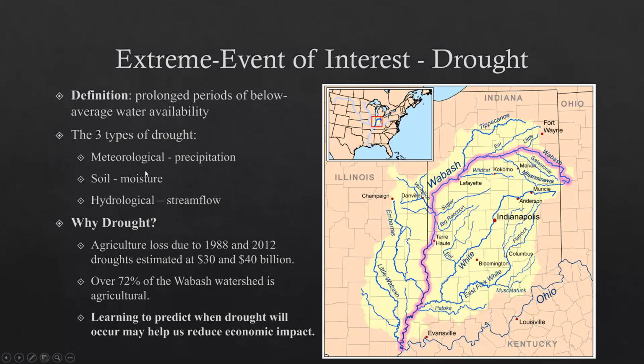I'm looking to model two types of drought: soil drought, which would be below average availability of soil moisture, and also stream flow. As I covered before, if we can model the event of drought or flooding, one of those extreme events, it might help us to better prepare for such a scenario and lessen the economic impact.